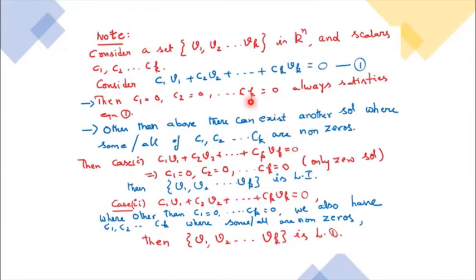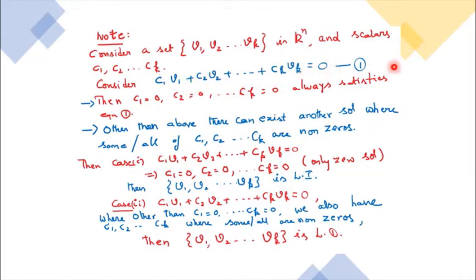So here I'm giving linearly independent and linearly dependent altogether. Consider a set v1, v2 and so on vk in Rn, k number of vectors, and you have scalars c1, c2 and so on ck, k number of scalars. Then consider this vector equation, that means write a linear combination c1 v1 plus c2 v2 plus and so on plus ck vk is equal to 0.